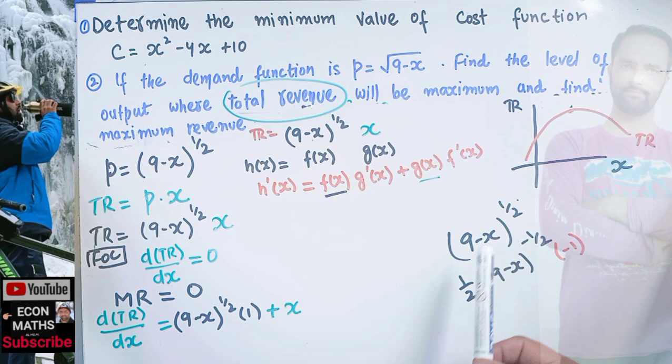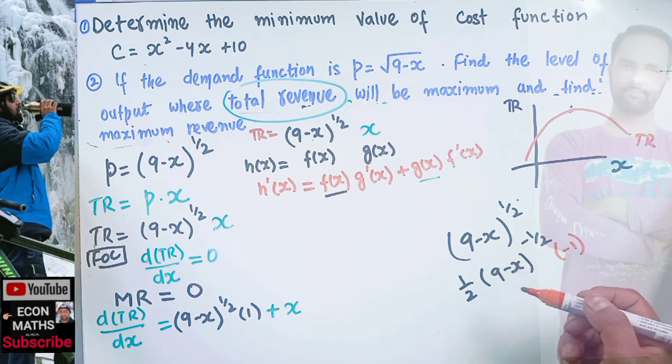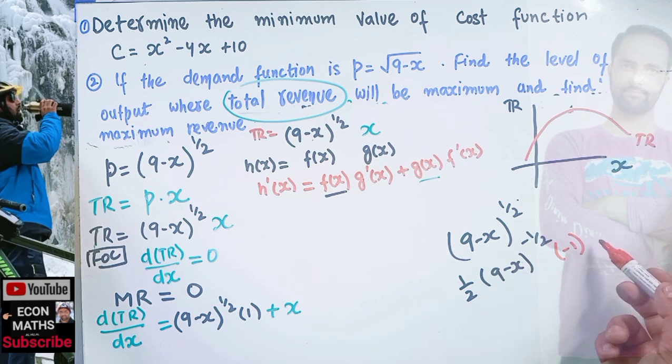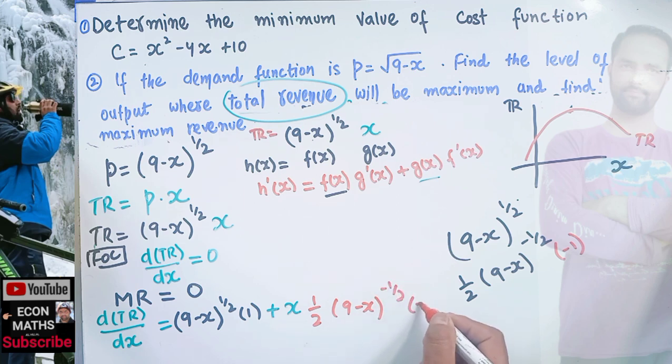First we take the power function rule, then we internally differentiate whatever is in the brackets and multiply. So we get 1 upon 2 times 9 minus x raised to the power minus 1 upon 2 times minus 1, and it should be equal to 0 obviously.